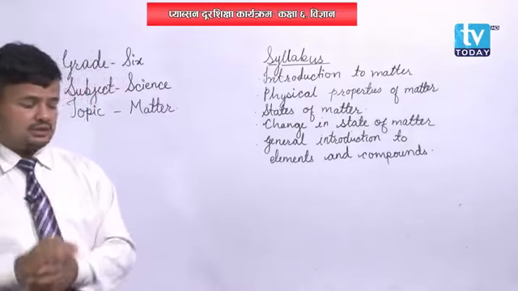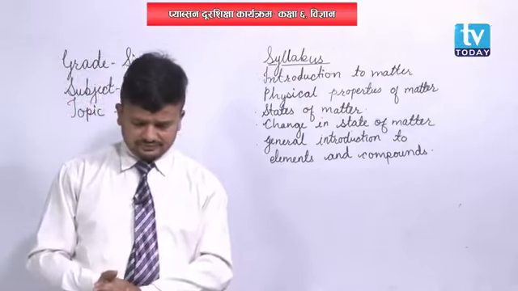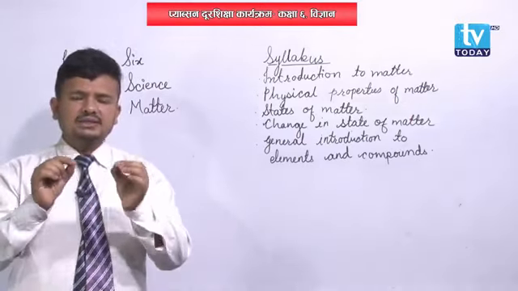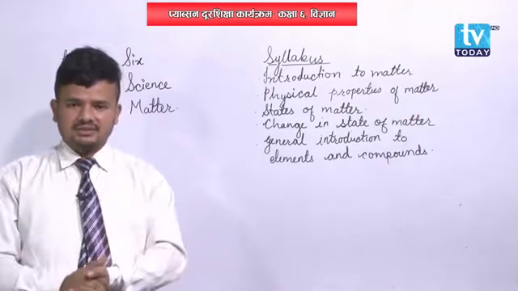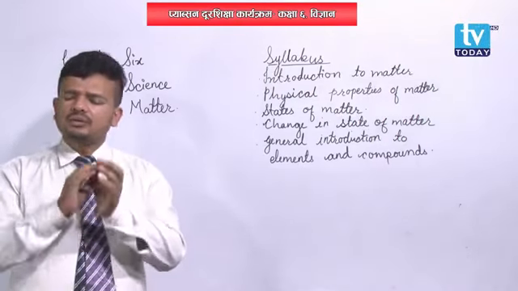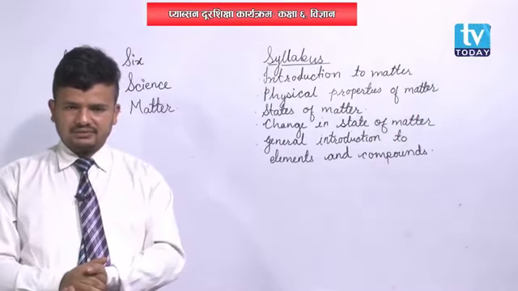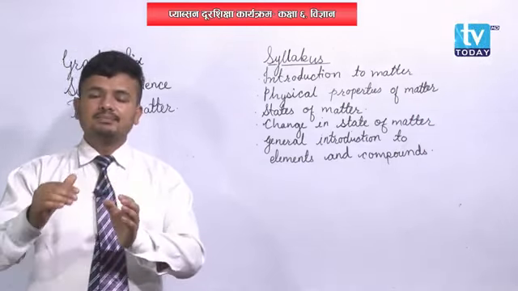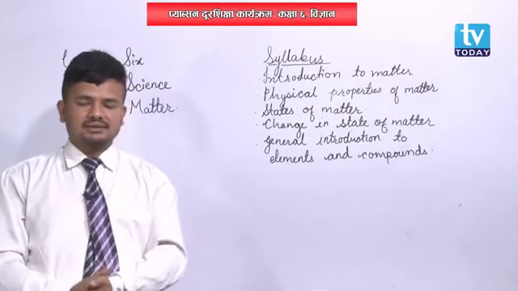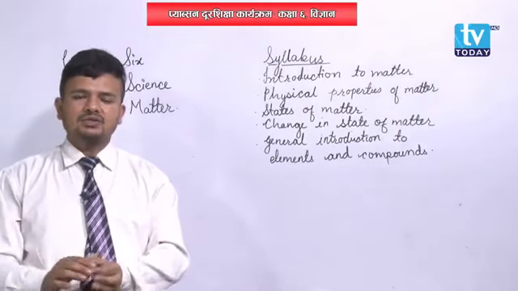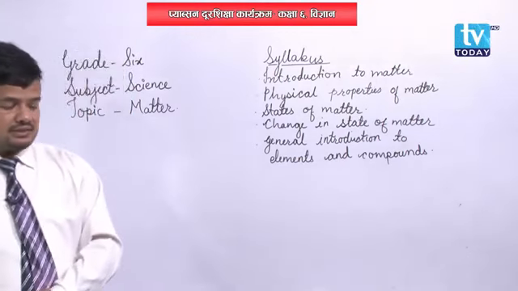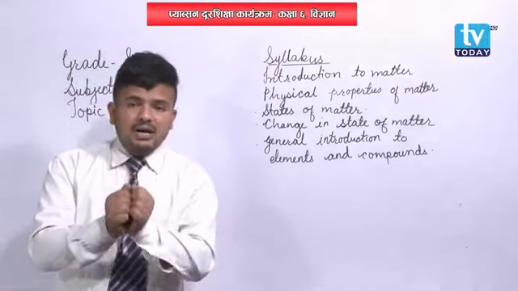Okay, now come to the definition. What is an element? An element is a pure substance made by only one type of atoms, and it cannot be further split into smaller particles: hydrogen, helium, lithium, beryllium, etc. Then what are compounds?